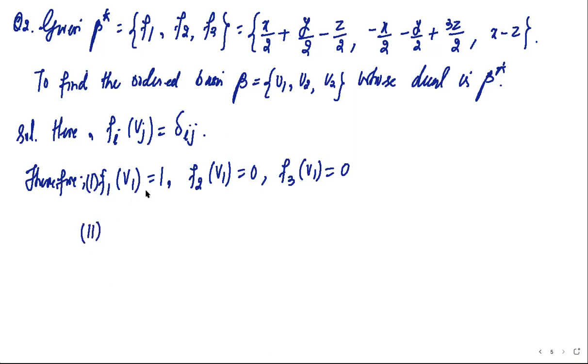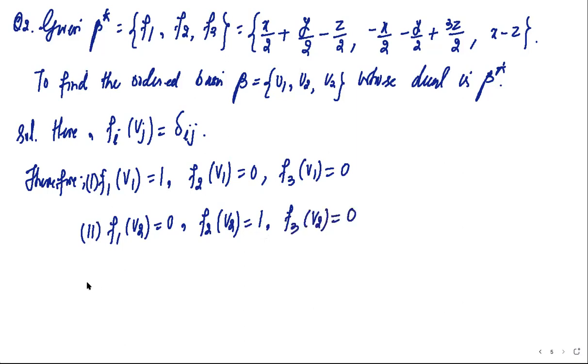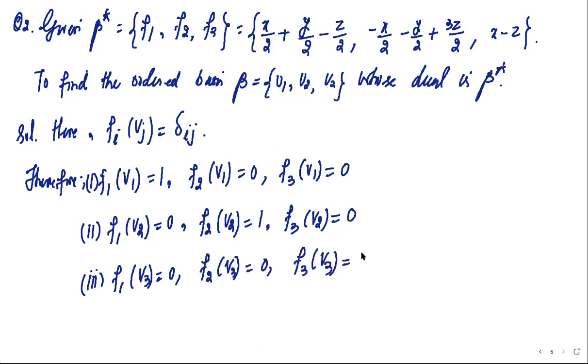Now the second equation will accordingly be obtained from evaluating v2 under the three linear functionals f1, f2, f3. So we have f1 of v2, by definition this is 0, f2 of v2, that is 1, and f3 of v2, that is equal to 0. And similarly, when evaluating the third vector v3 under these linear functionals, we obtain f1 of v3 is 0, f2 of v3 is equal to 0, and f3 of v3 is equal to 1.